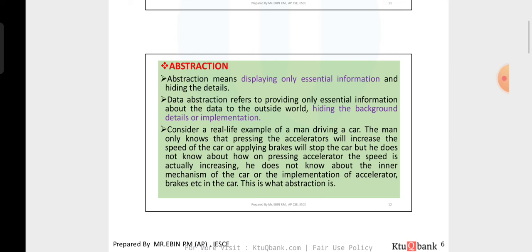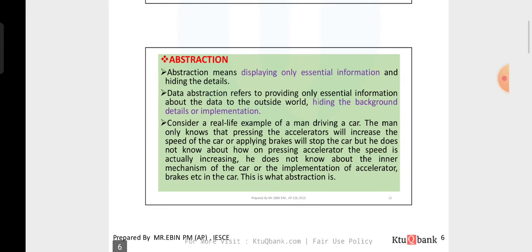So data abstraction refers to providing only the essential information about the data to the outside world while hiding the background or the implementation. If you take an example of a car, if you know how to drive a particular car, an accelerator will increase the speed of the car, or if you apply a brake, it will stop that particular car.